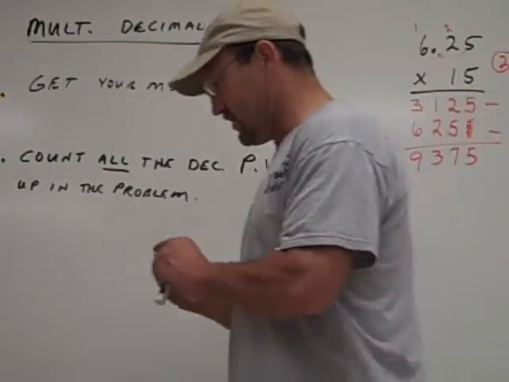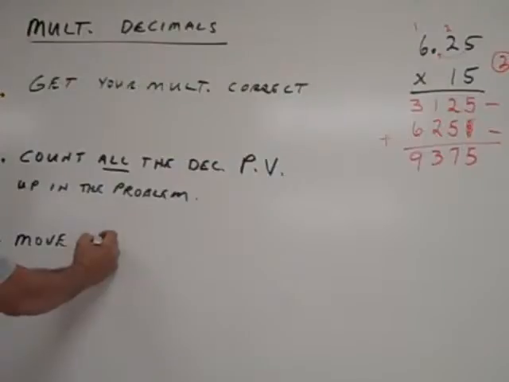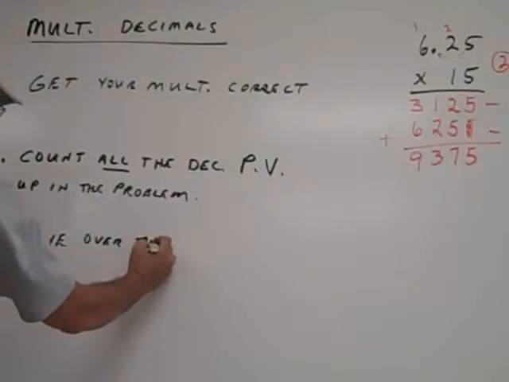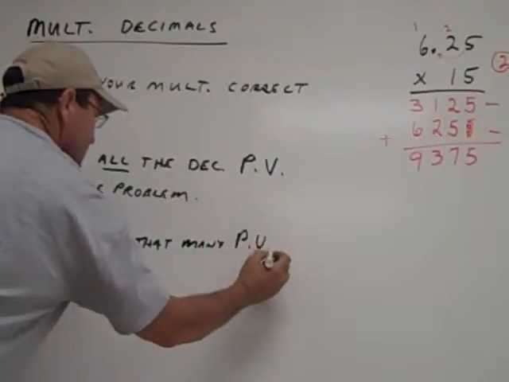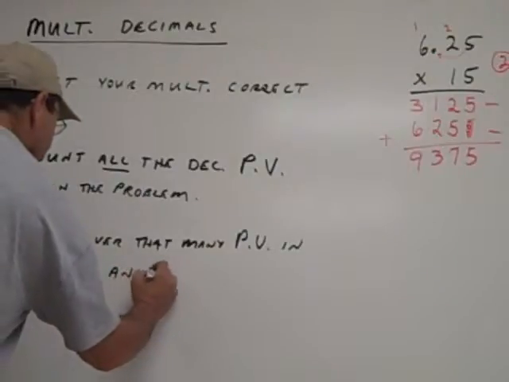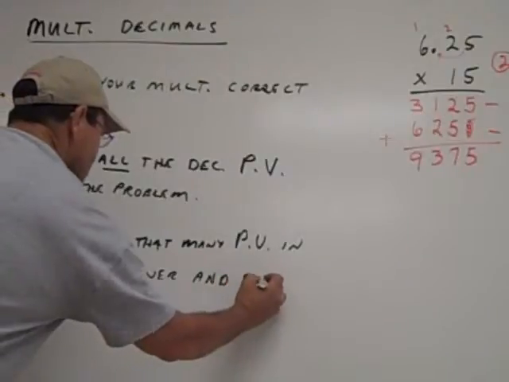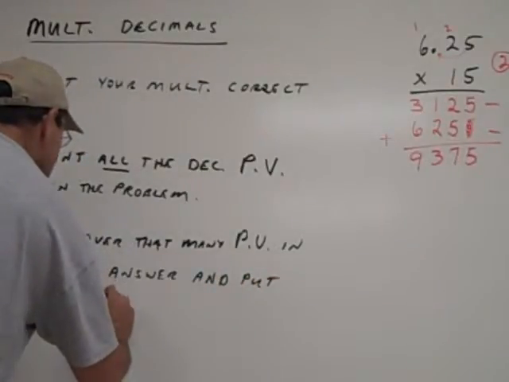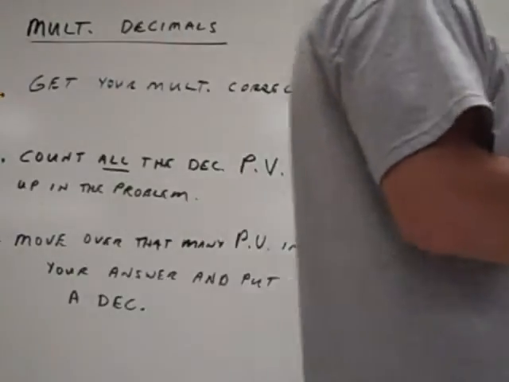Okay, that leads us down after we've done that count. Third step, move over that many PV in your answer and put a decimal.